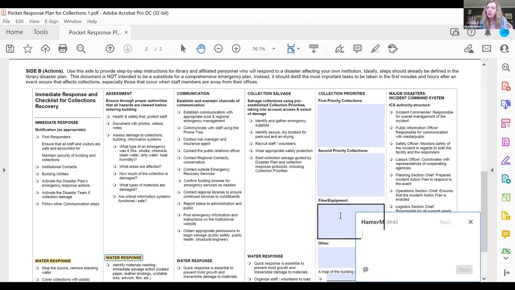Are there really important documents or files or external hard drives that have very important information? Have we got equipment that would be very hard to replace and we can rescue it, even if it means moving it to another room?